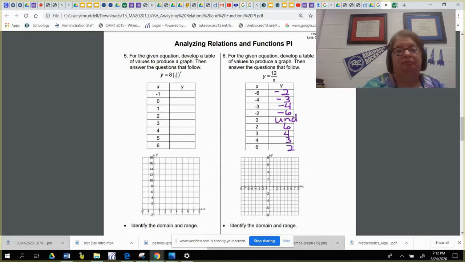There's your table. We could go back the old-fashioned way before we had graphing calculators, and we would just do 12 divided by -6, get -2, 12 divided by -4, -3, 12 divided by -3, and so on. All right, let's look at your graph.